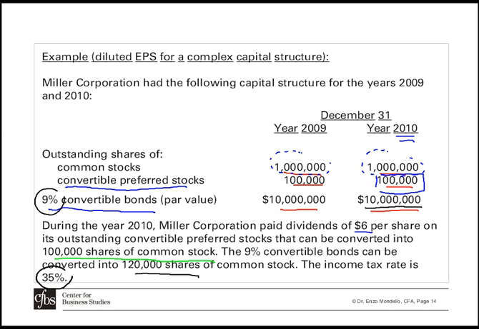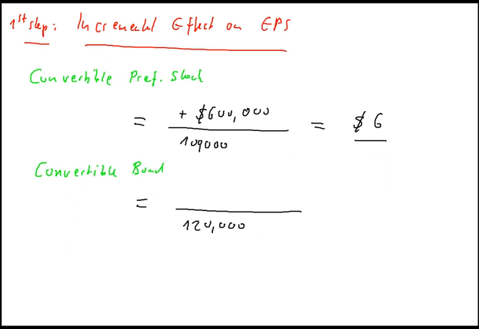We know that the tax rate is 35%, that allows us now to calculate the increase in income available to common shareholders. So that's the coupon rate of 9%, 0.09, times the par value of the bond of $10 million. And because we are adding back the coupon payment to net income, and net income is always after taxes, the coupon payment must be adjusted by the tax rate.